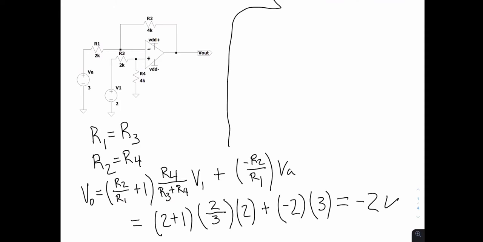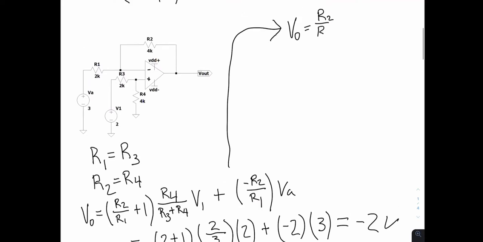Doing some rearranging, you can come up with the equation that Vout is going to equal R2 over R1 times V1 minus VA.